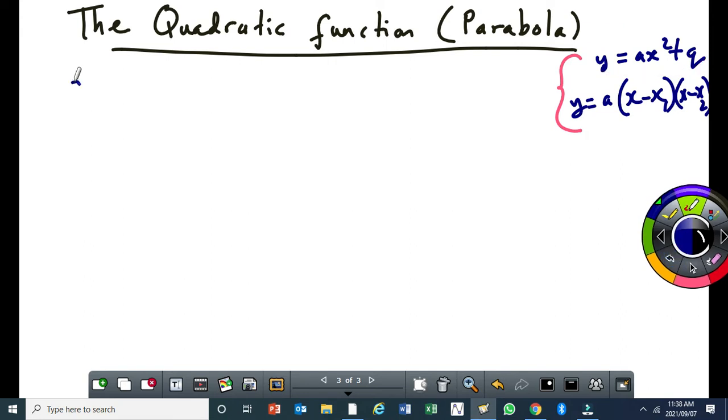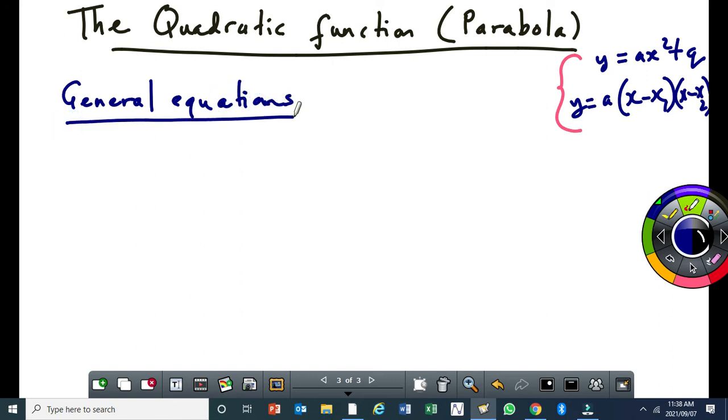All right, so this is what I'm going to do first. Let's start with the general equations. In this grade, for the first one, I'm going to use function notation.